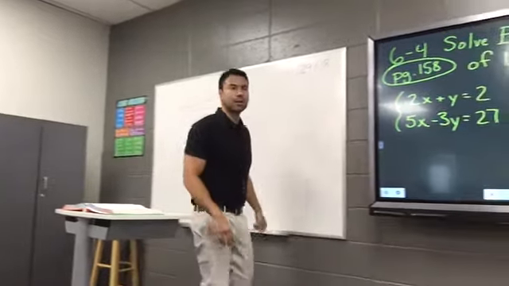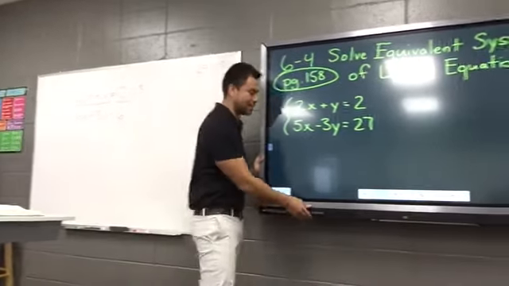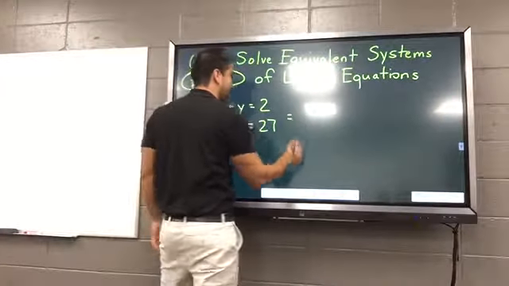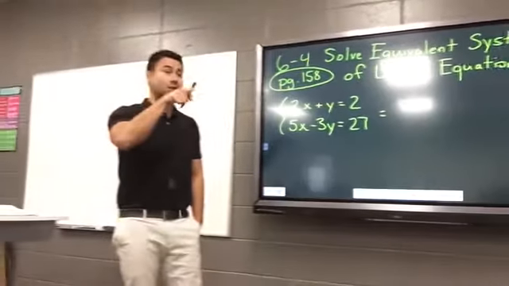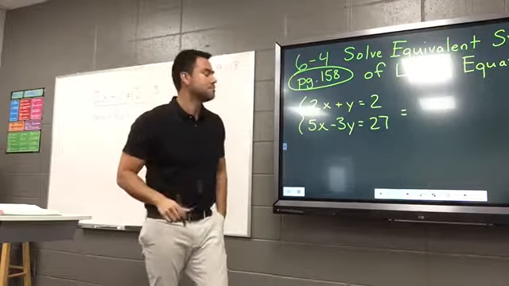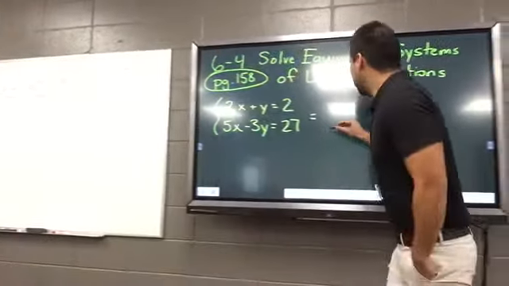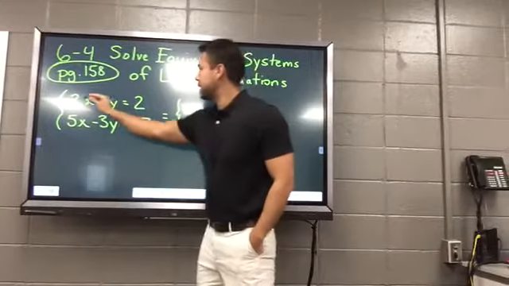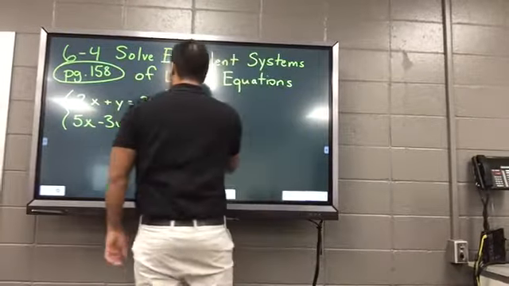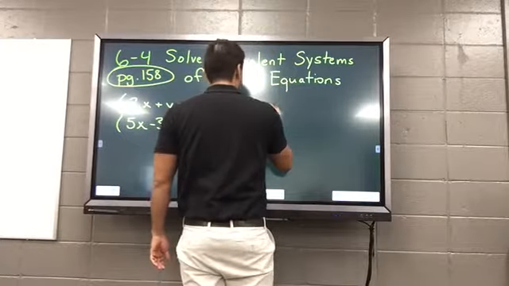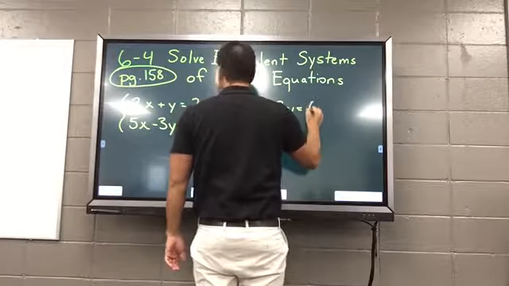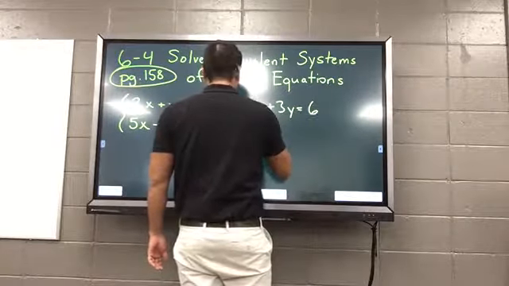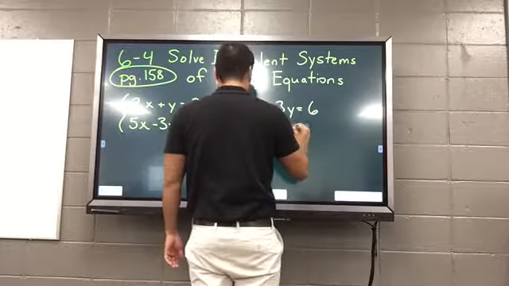Now, you might be wondering, why did you do that? That's a great question, because if I don't answer that, it was pointless. I'm going to rewrite this equation like I did up there, and you can start writing this down. 6x plus 3y equals 6. I didn't do anything to the bottom equation, so I'll leave it alone.